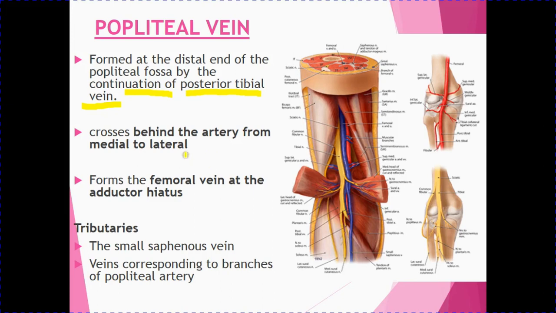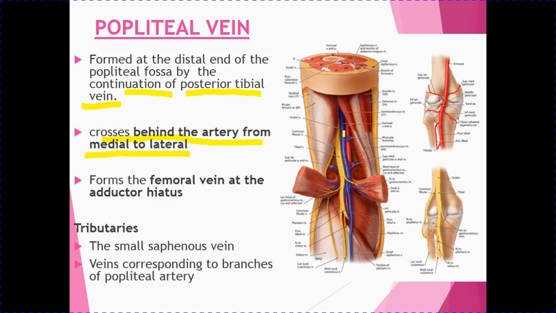Now its course is important. You can see it crosses behind the artery from medial to lateral. You see over here, the popliteal vein is first present on the medial side. It then crosses the artery and comes to lie on the lateral side.